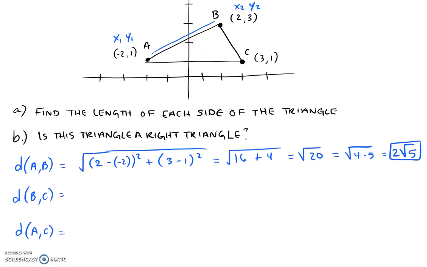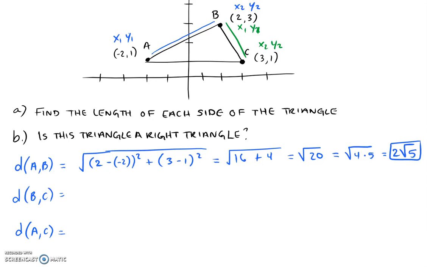Okay, now let's look at side BC. For BC, we'll take into consideration that B is our x1, y1, and C is our x2, y2. Now, there really isn't any difference.